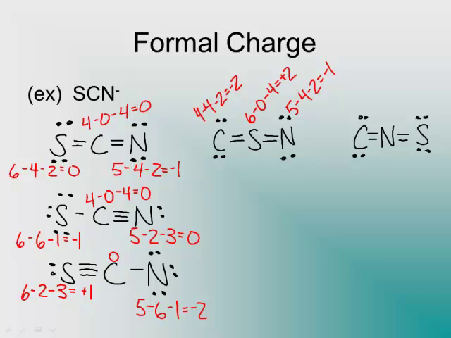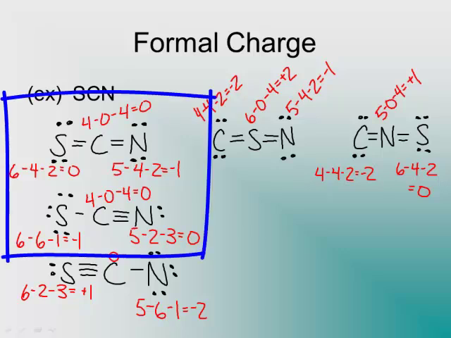In our very last Lewis structure, carbon would be 4 minus 4 minus 2. Nitrogen would be 5 minus 0 minus 4. Sulfur would be 6 minus 4 minus 2. So we know for sure it's one of these first two that we looked at over on the left.